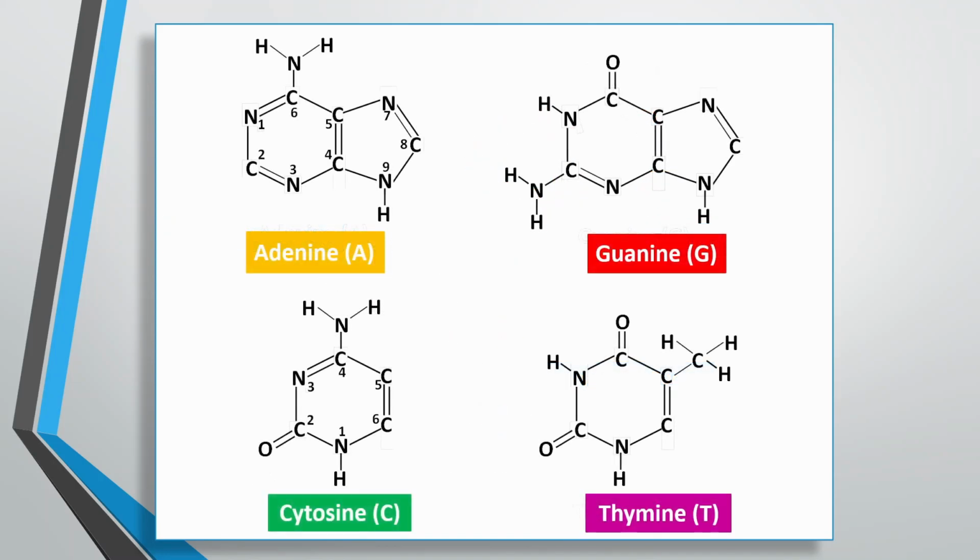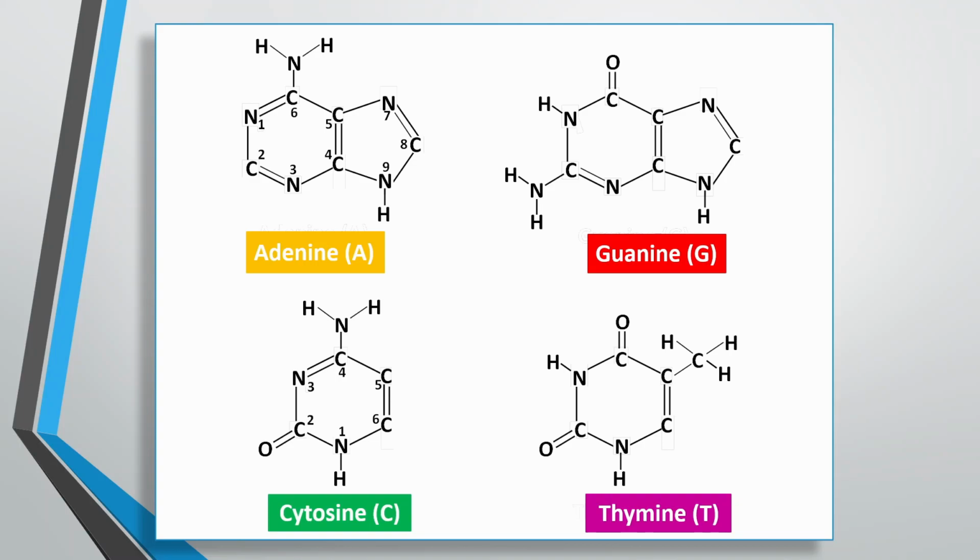And there are 4 nitrogenous bases, which create the 4 different nucleotides. So here I'm showing each of their structures in 2D. Their names are adenine or A, guanine or G, cytosine or C, and thymine or T. The 4 nucleotides, the A's, G's, C's, and T's, make up the 4 letters in the alphabet of the language of DNA, or the language of life.